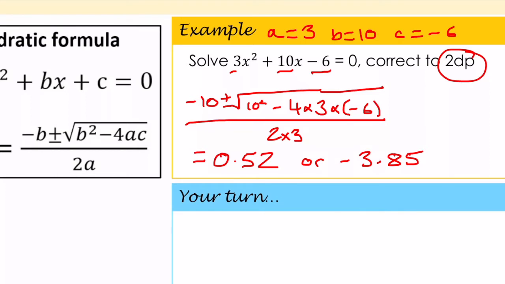If you've got a graphical calculator, which some of them are allowed now at GCSE, it does actually have a quadratic formula solver for you, so you can just type in the question and you get the answer. Now, if it was just a plain question like this, that is absolutely fine, but it won't always be a plain question like this. They will sometimes have it on a non-calculator paper, so you can't just type it in.